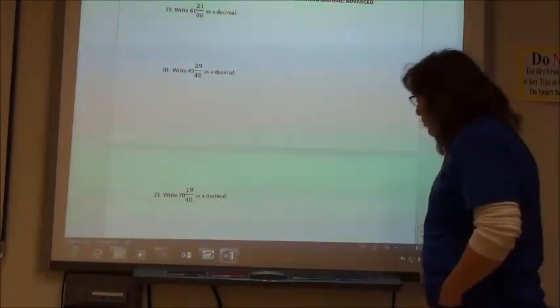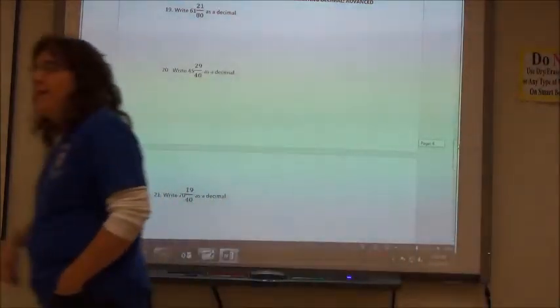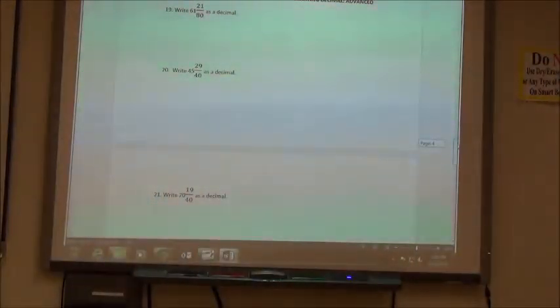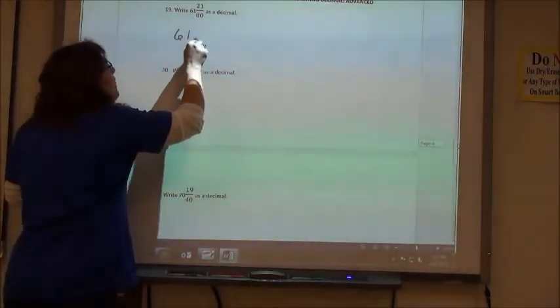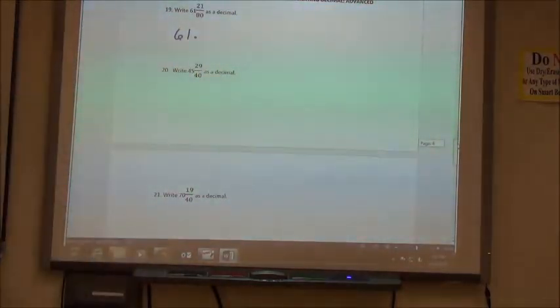Converting a mixed number to a terminating decimal. Now, you really don't have to deal with your whole number in front. That's not going to change. If I have 61 and 21/80ths, I'm going to have 61 point something, right? Then I'm going to change that fraction to a decimal. Again, I'm not going to make you do all the long division like they do on Alex.